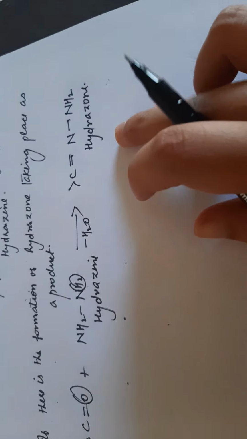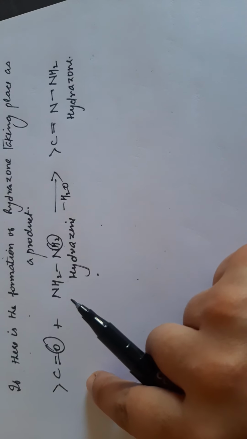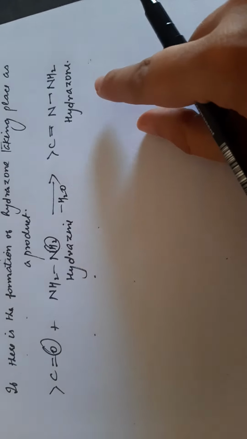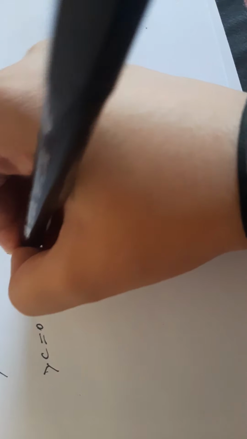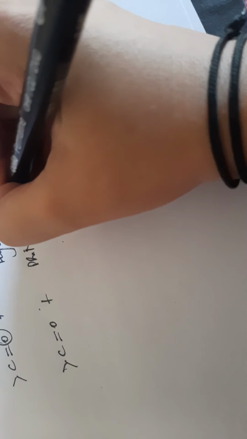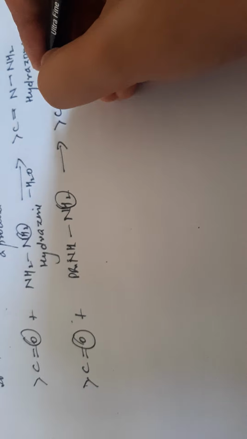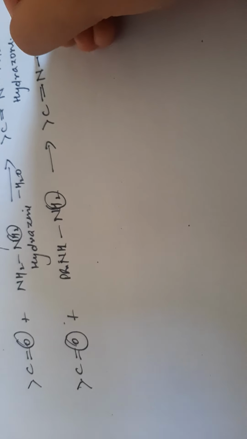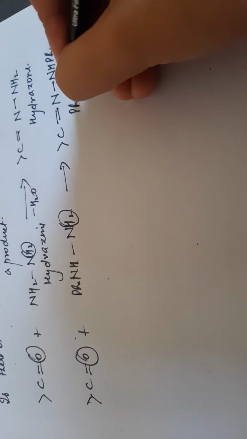This formation of hydrazone is the confirmation that the carbonyl group is present in our terpenoid. Similarly, we can treat our terpenoid containing the carbonyl group with phenyl hydrazine also. In that also removal of water takes place and there is a formation of phenyl hydrazone.